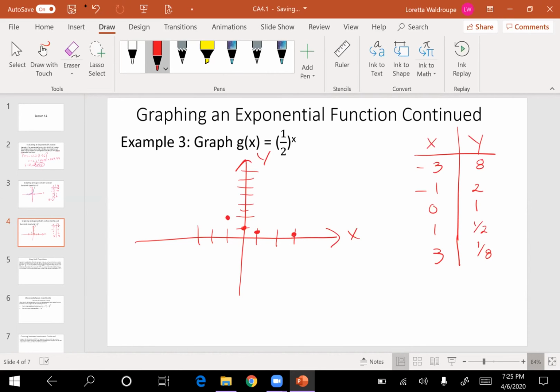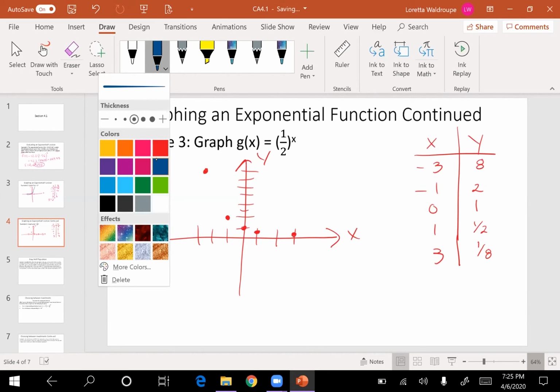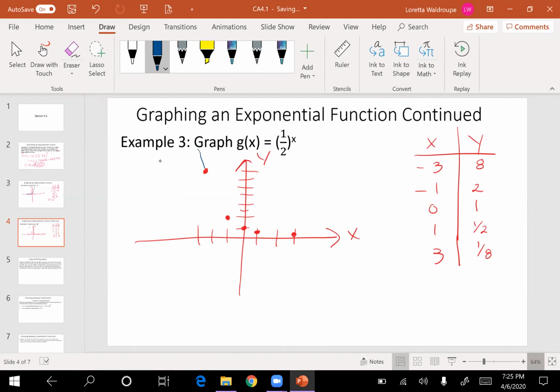And at negative 3, I'm up here at 8. So again, my graph follows the same type of exponential curve.